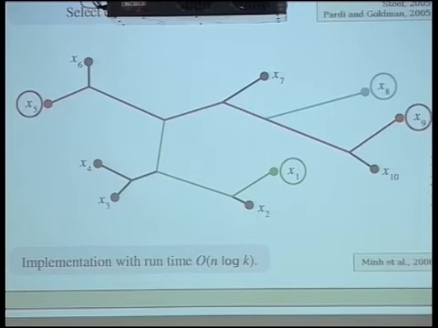You select this one because if you look at the path that connects the taxon, or the leaf, with the red path, then this green path is as long as possible among all the taxa which have not been selected yet. And then you go on with this, and the next you would select the blue circled x8, because this gives you the biggest additional contribution to the length of the tree you've built so far. So this works.